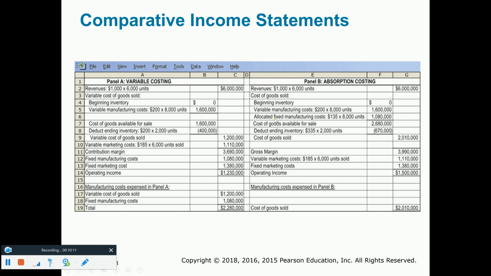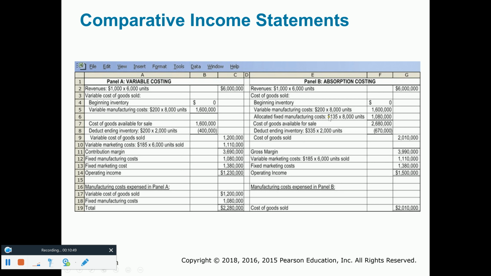Now with absorption costing, remember, the whole idea is we are going to absorb all of the manufacturing cost, variable and fixed. So the fixed manufacturing costs of $1,080,000 that we saw down here in variable costing, way down here in cell C12, for the absorption costing, that's going to be absorbed into the inventory. So we're first going to allocate all of it, the 8,000 units times $135.